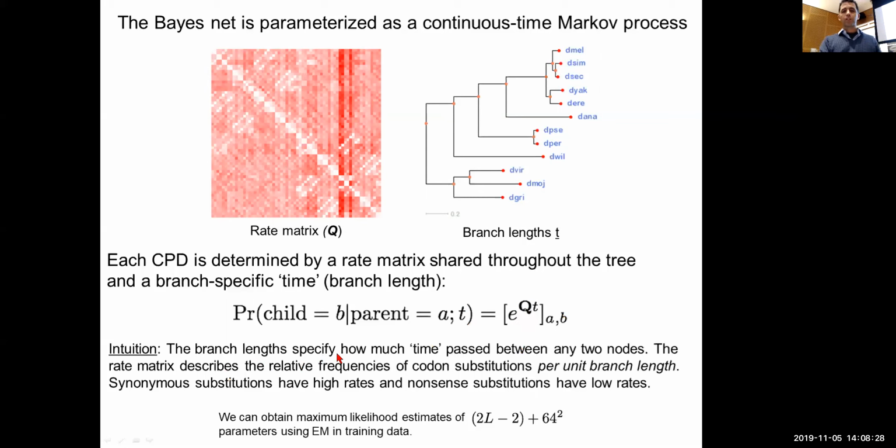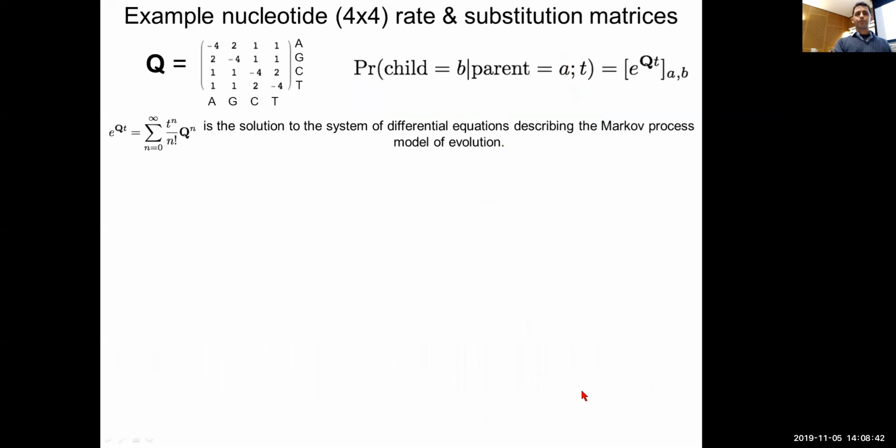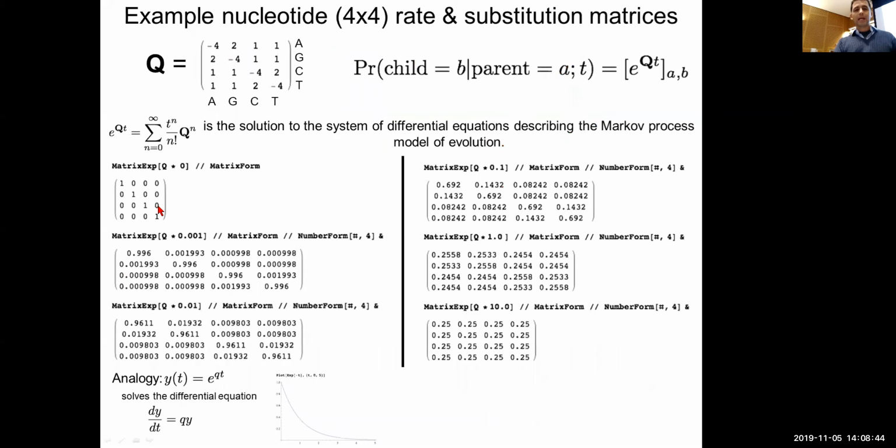The intuition is that the branch lengths specify how much time has passed between any 2 nodes, and the rate matrix describes the relative frequencies of codon substitutions per unit branch time. Synonymous substitutions have high rates, and nonsense substitutions have very low rates. Here's one example of a 4x4 matrix and how you can scale it and look at the frequency of substitutions as you go through.